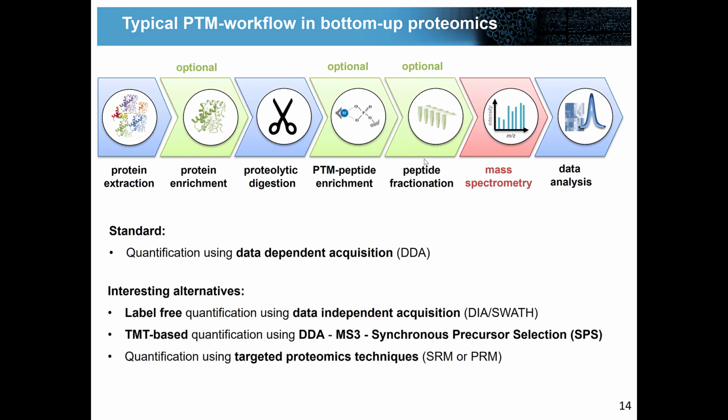These interesting alternatives are, for example, to use DIA as your data acquisition method, or to perform TMT labeling with your samples and then do DDA, MS3, and synchronous precursor selection type of measurements on the Fusion Lumos instruments. Or, and that's why you are here and what we will talk about for the rest of the presentation, is to use targeted proteomics techniques, like SRM or PRM, and use these methods to acquire the data.